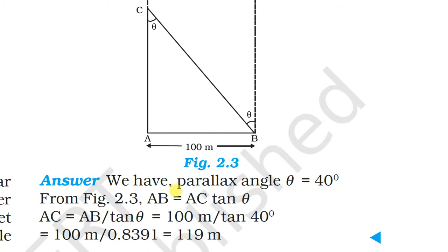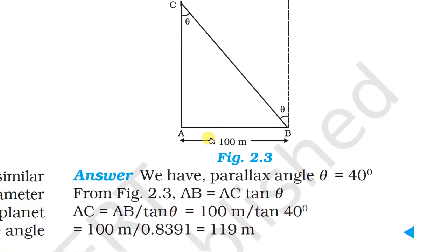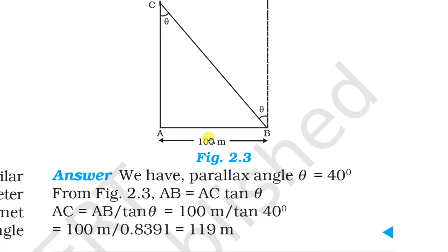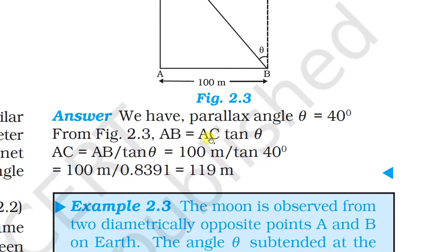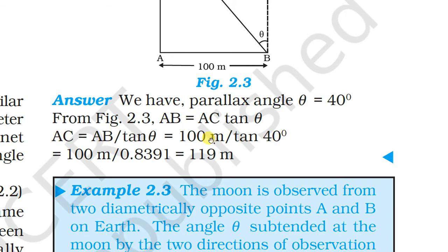The value of tan 40 is 0.839. So 100 meters divided by 0.839 gives AC equal to 119 meters.